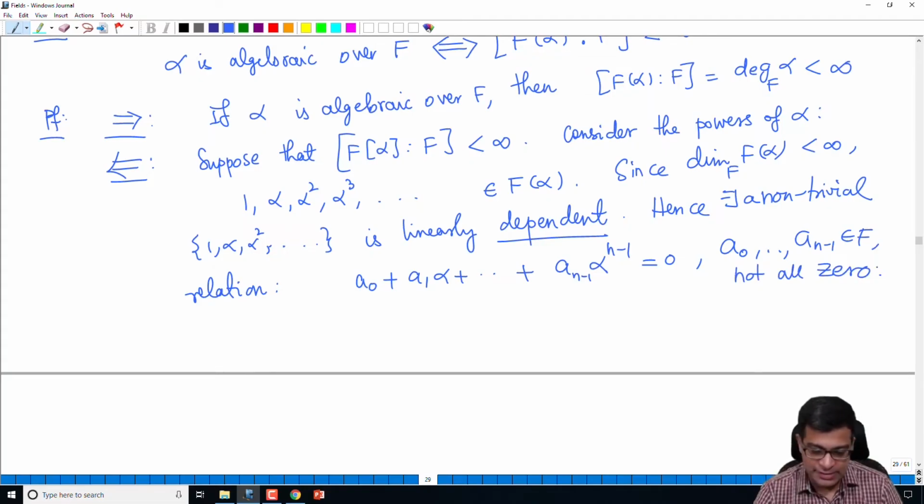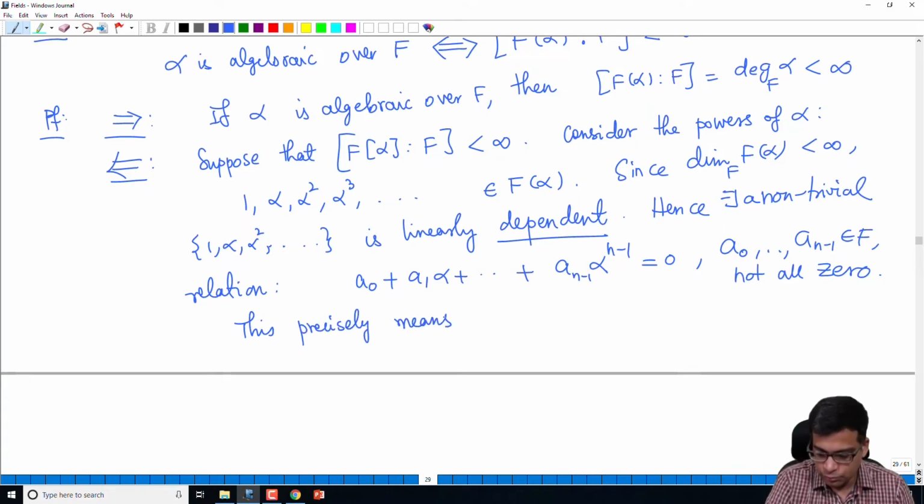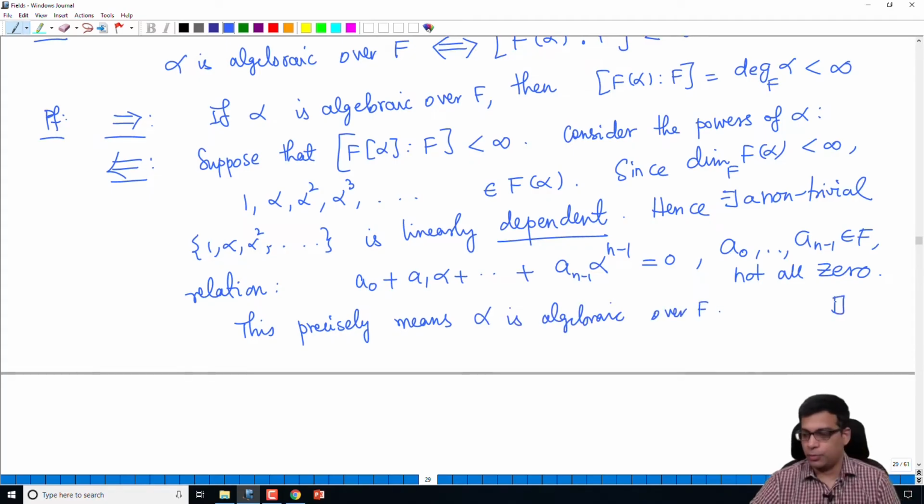There is a dependence relation. There is a non-trivial relation. That means there is a tuple of elements of the field capital F which are not all 0 such that this happens. But this exactly means alpha is algebraic over F, right? We have exhibited a polynomial relation that it satisfies, so it is algebraic.